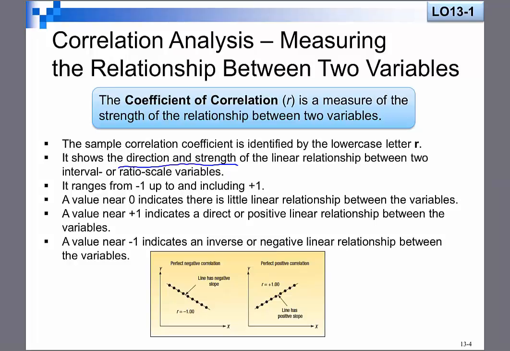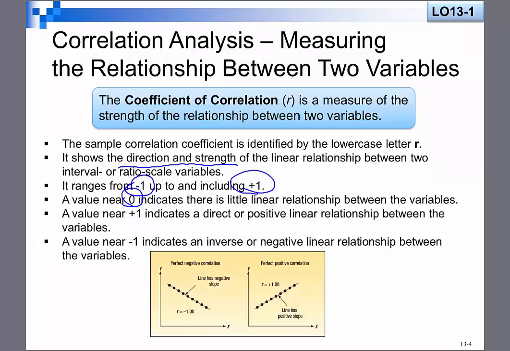Very importantly as well, it goes from -1 to +1. If you have an R, for example, of -0.5, we'd say there's a fairly strong negative relationship between two variables. +0.5, that's a positive relationship, fairly strong, not extremely strong. And then if we have 0, we say that there is no relationship between the variables.